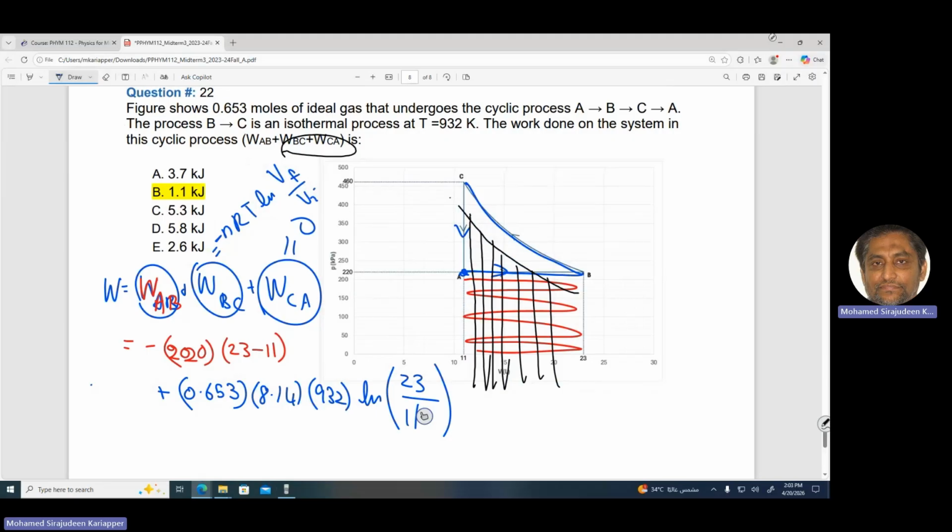It's not the area now. See, I made a mistake here. What is the mistake?